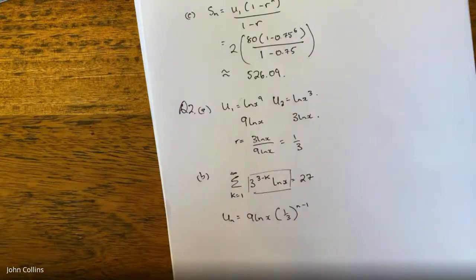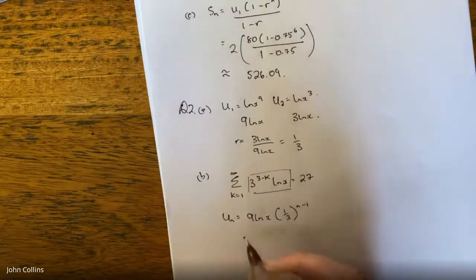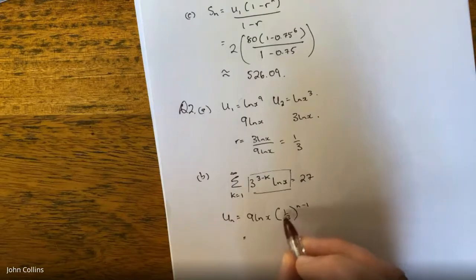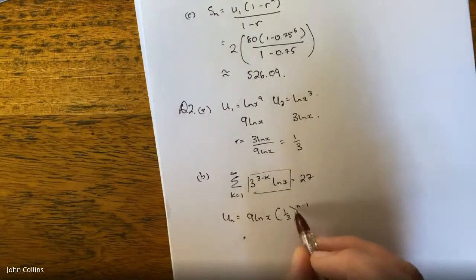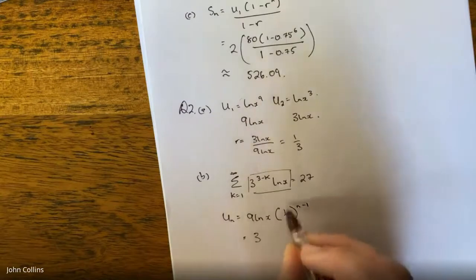Okay, so that's the nth term, but it doesn't look like that yet. But with a bit of manipulation, oh, it is the same thing, yeah. We can see that that's 3 to the minus 1, which will make that plus 1 minus n.